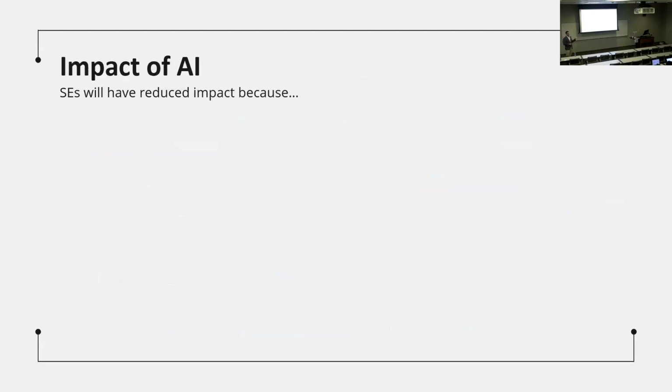Of course, there's no two letters that scare us all more than A and I. How much time do we have? Okay. So I personally believe, maybe there's some bias here, but I think SEs are a little more shielded from the impact of AI for a couple different reasons. The first is that customers want to work with people.